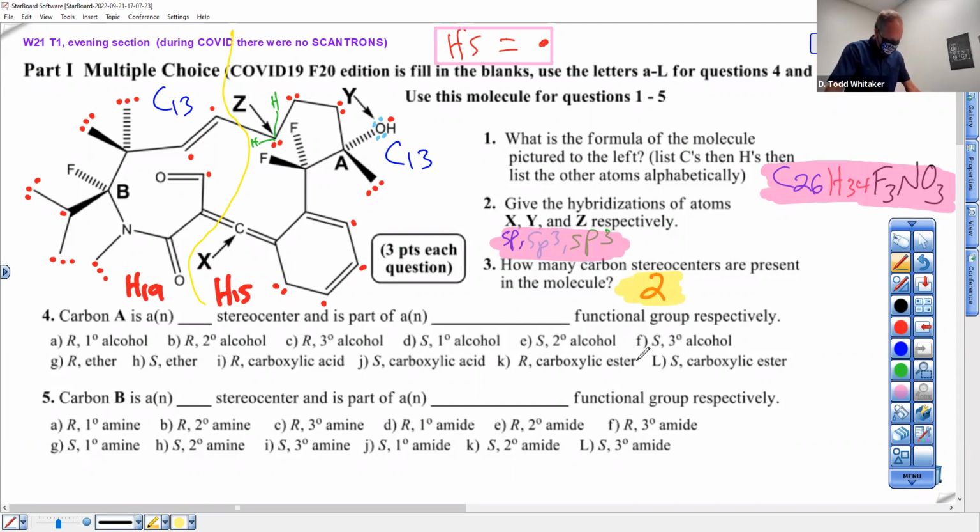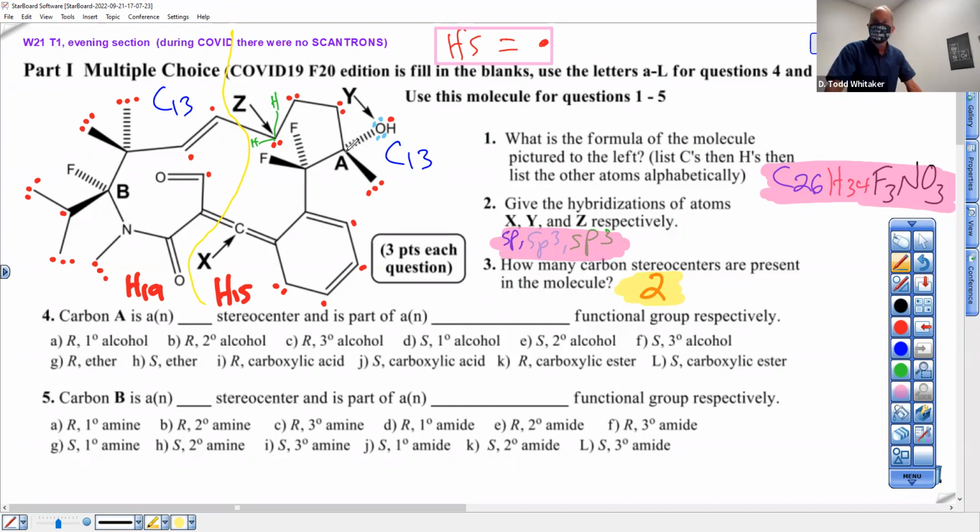Let's do functional groups first. Fill in these blanks, and then we'll do the stereocenters R and S. Carbon A is part of a stereocenter, and it's also part of a functional group. So A is this carbon attached to an OH, and I just want to point out something very important.